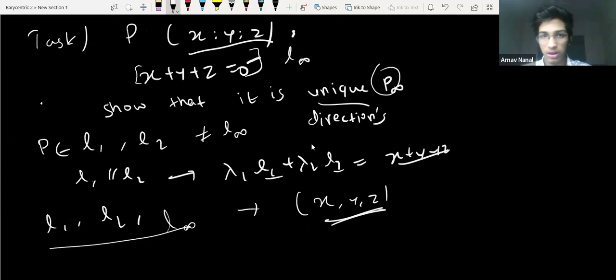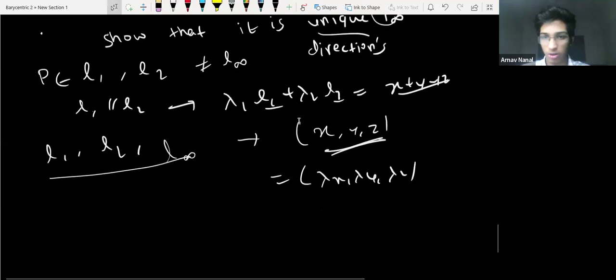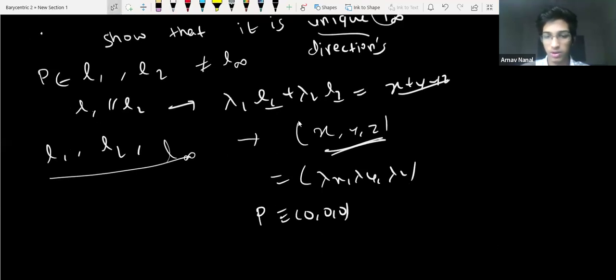But you know that this has to be independent under scaling, so it has to be equal to lambda x, lambda y, lambda z. But this can only happen if it's 0, 0, 0. If so, you get that P should be equal to 0, 0, 0. But like mentioned at the start, we don't take this point at all, because it is not actually scalable. It's a fixed thing.